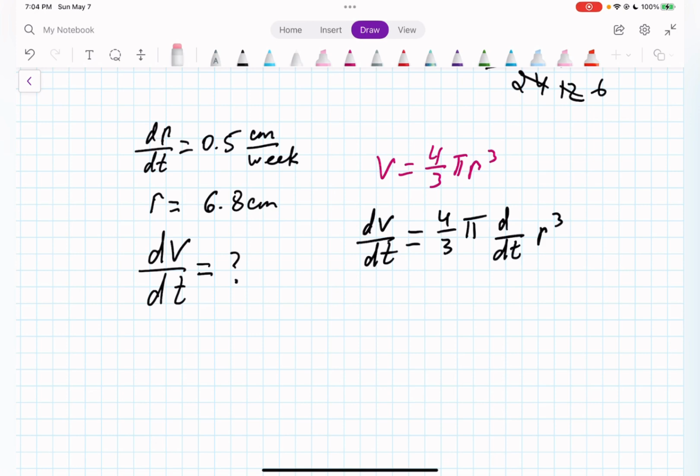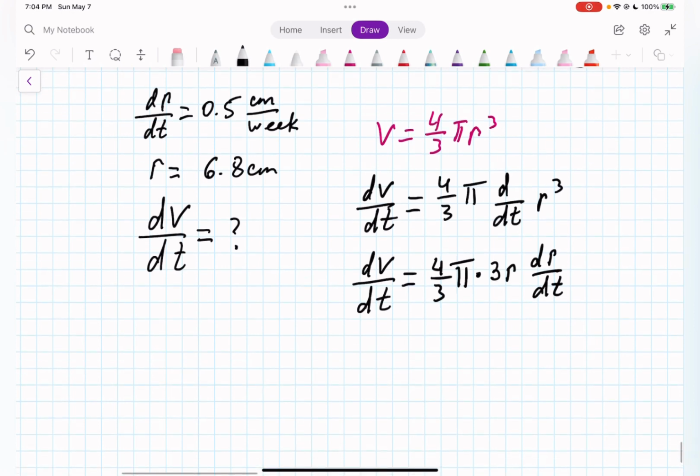So our dV/dt is equal to 4 over 3 pi, and the derivative of r cubed is going to be 3r times dr/dt. So we have r and we have dr/dt.